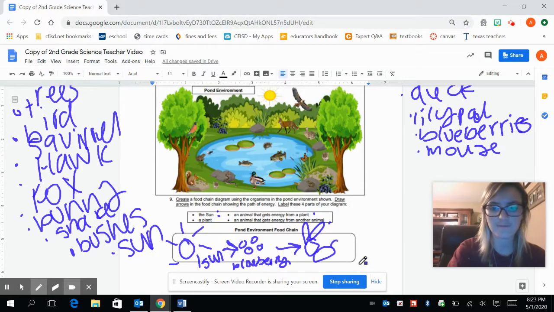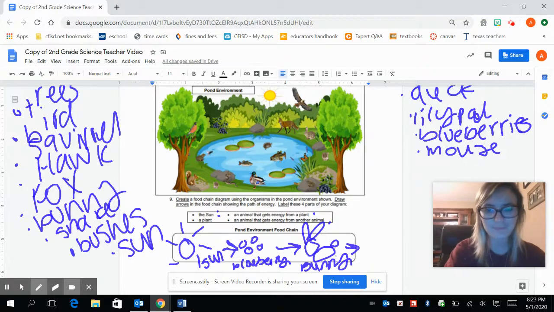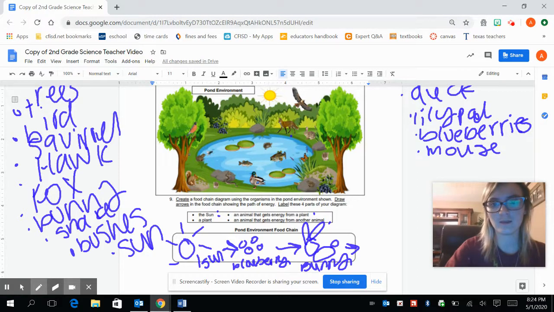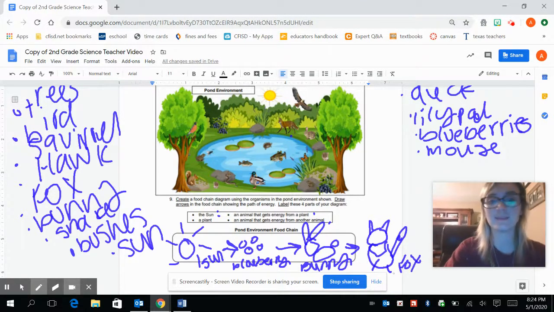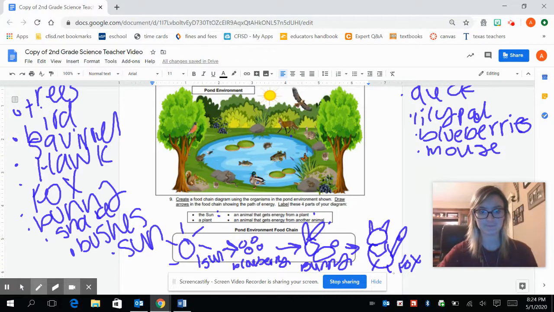So we have Mr. Bunny here. Now let's look. What might eat the bunny rabbit? I think the fox. So our fox is going to eat the bunny.